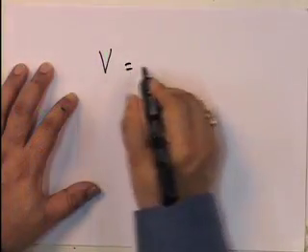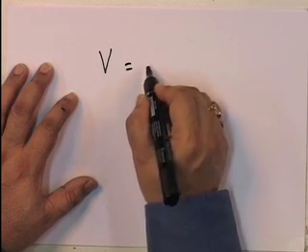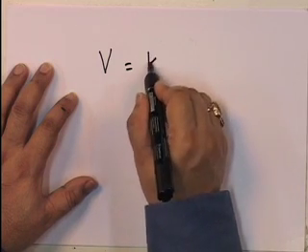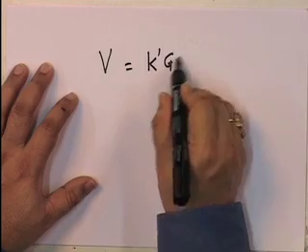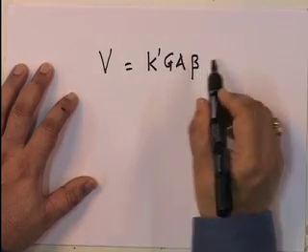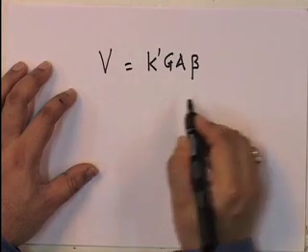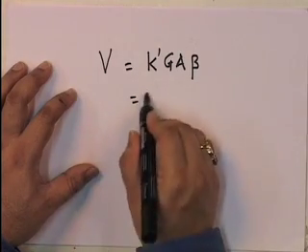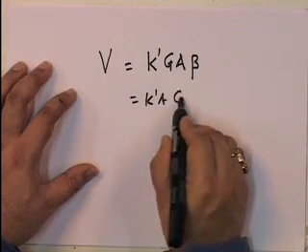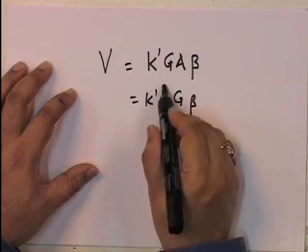So, according to definition, V is equal to K prime G A into beta, sorry, I will rewrite this as K prime A into G into beta.